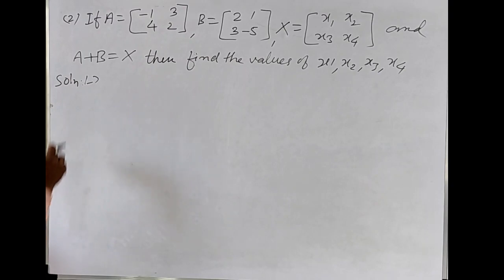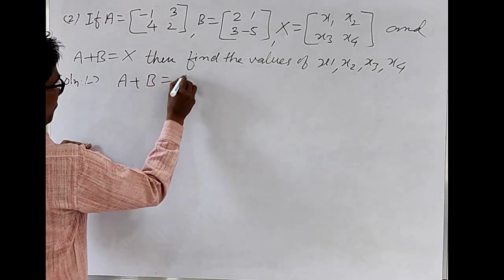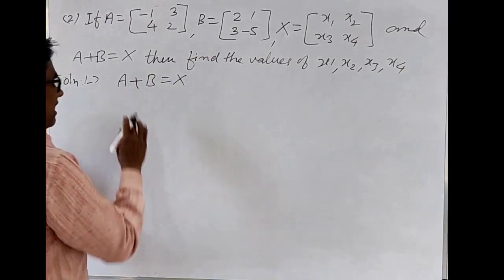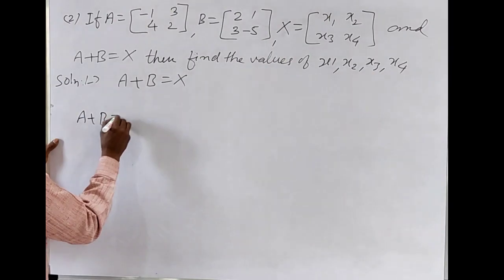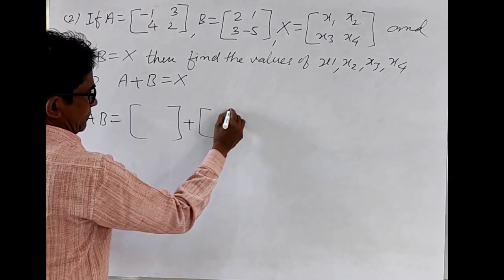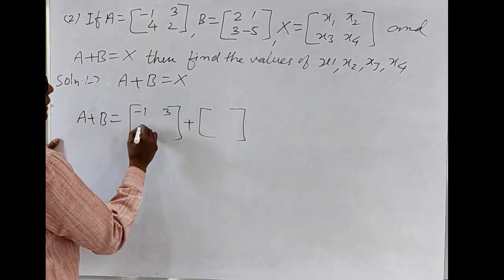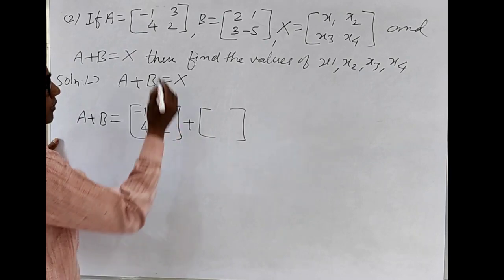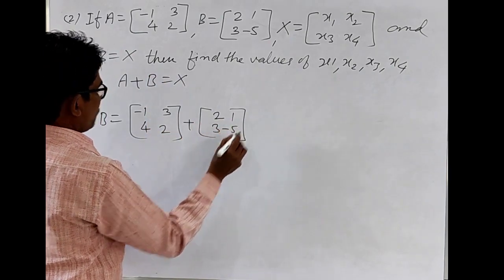Solution. A plus B is equal to X. First of all, do A plus B. So what is A plus B? A plus B is nothing but A matrix plus B matrix. -1, 3, 4, 2 and B matrix 2, 1, 3, -5.